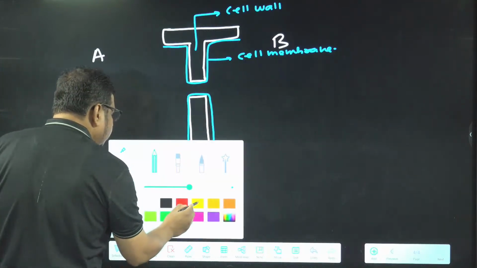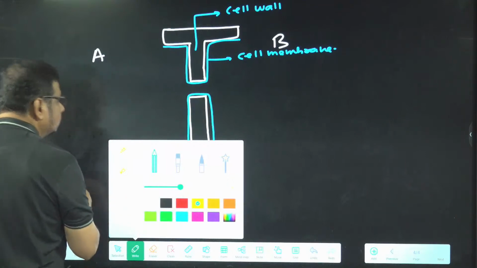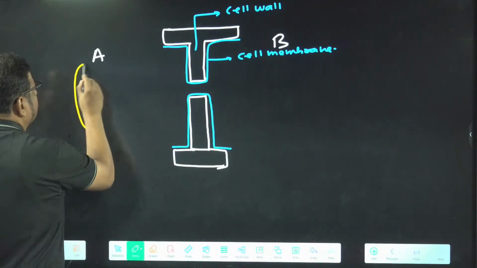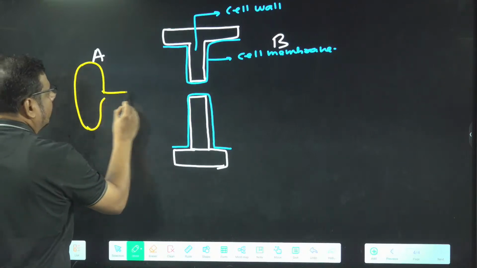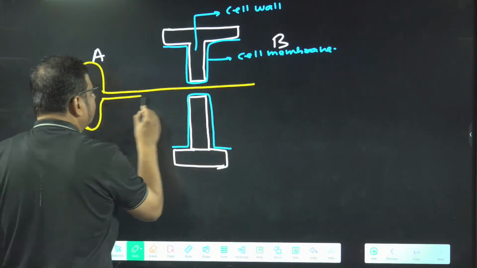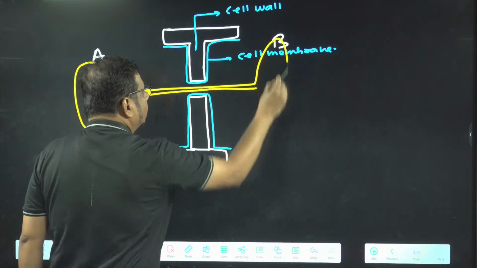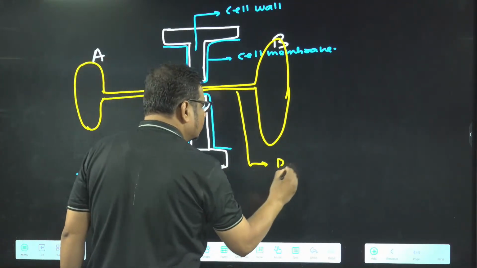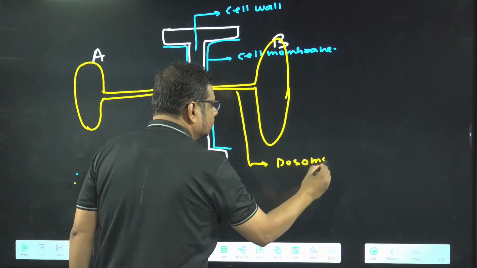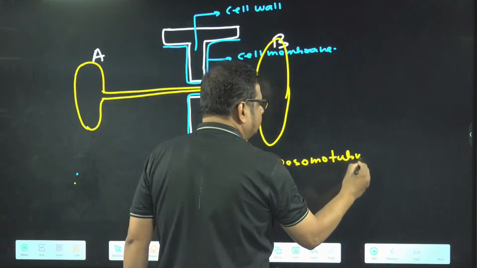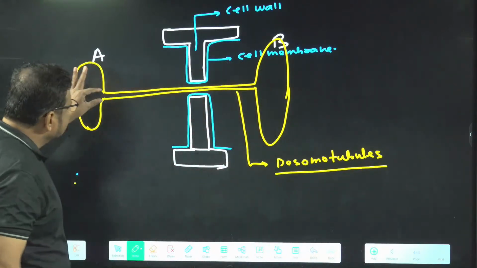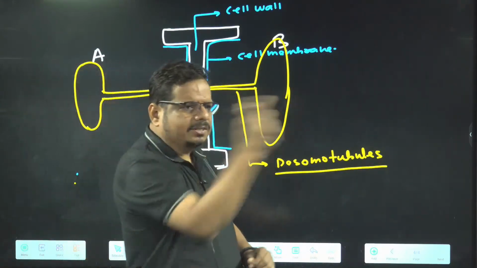Now, here, it is desmotubules. Who is this? Desmotubules. This is a desmotubule. So these desmotubules are passing through the pits.